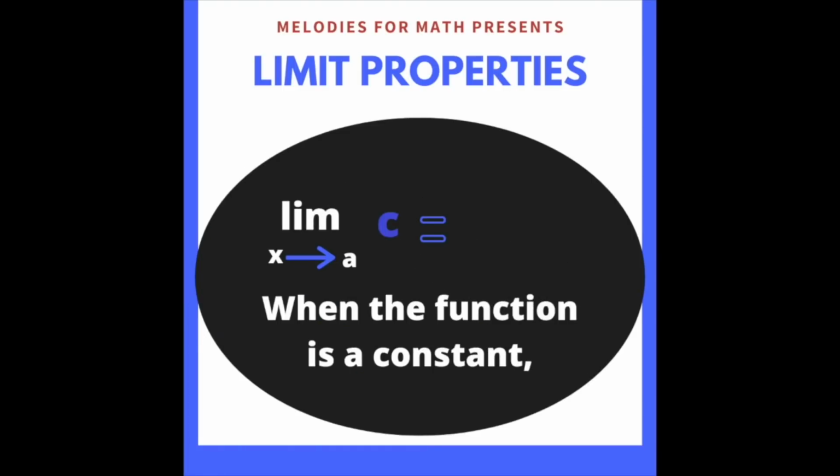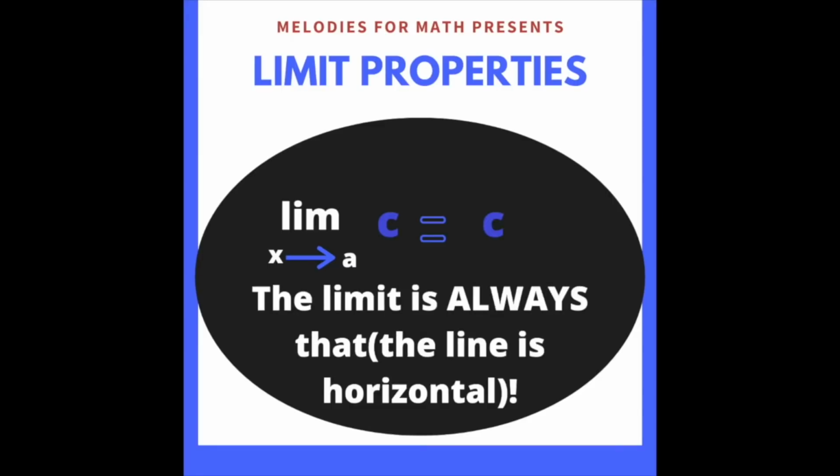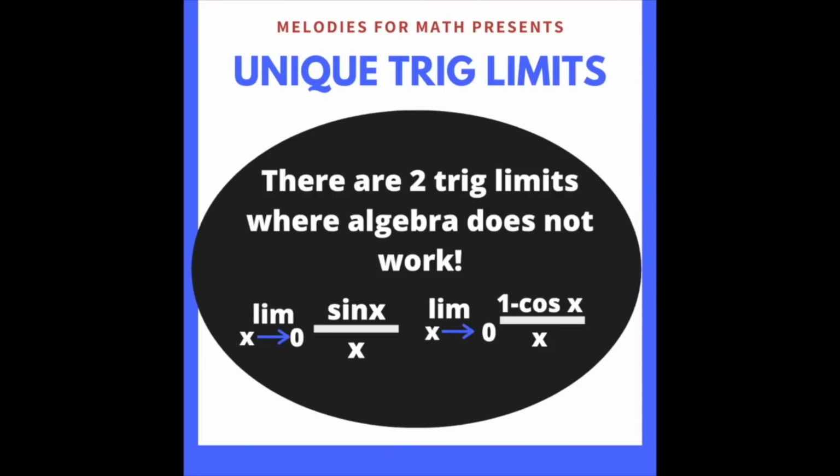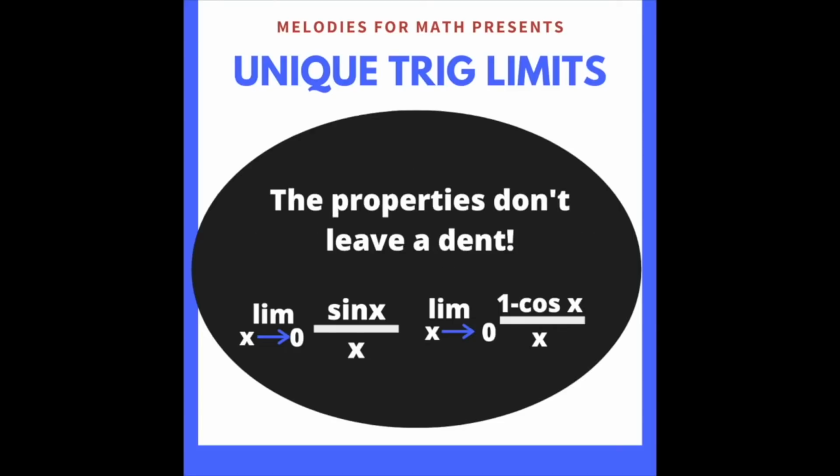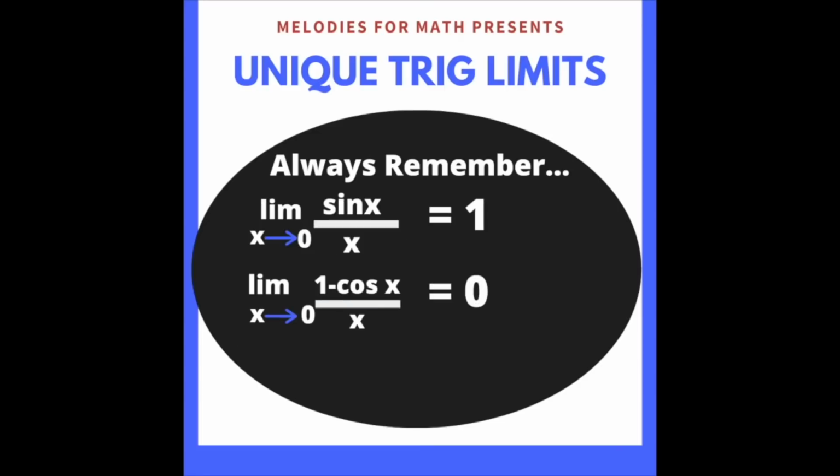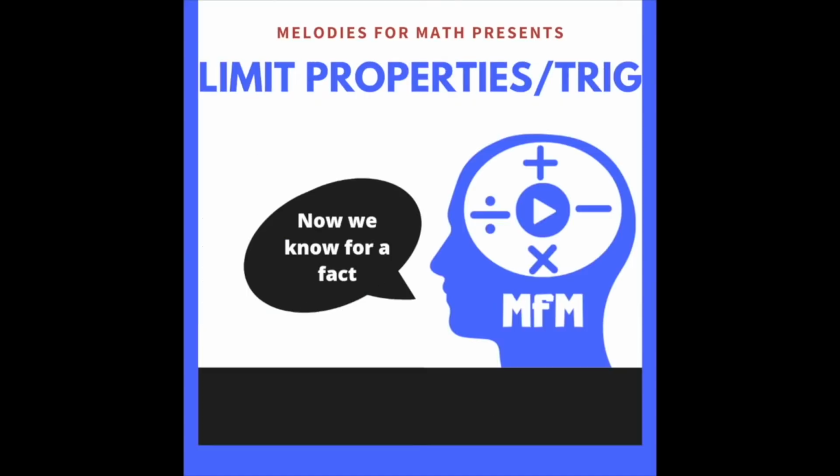When the function is a constant, the limit is always that. There are two trig limits where algebra does not work. The properties don't leave a dent. When x approaches 0, sine of x over x is always 1. And 1 minus cos x over x, the limit is always none. Now we know for a fact our knowledge of limits is intact.